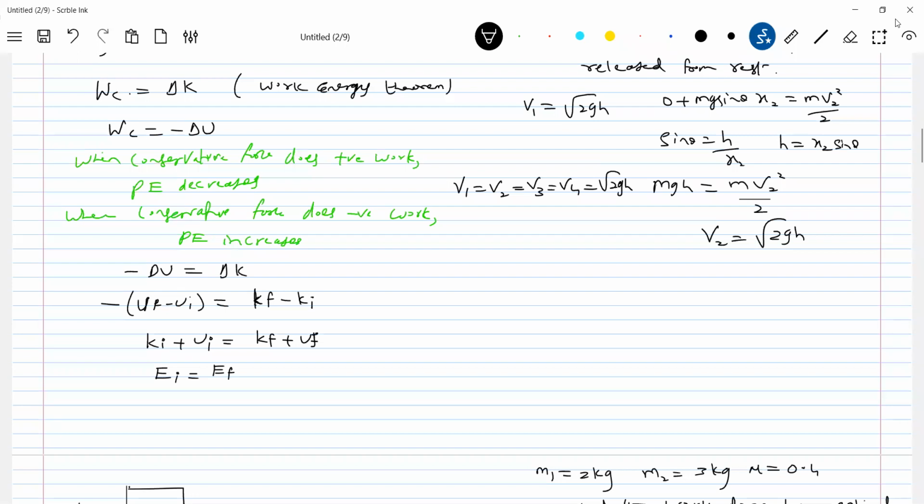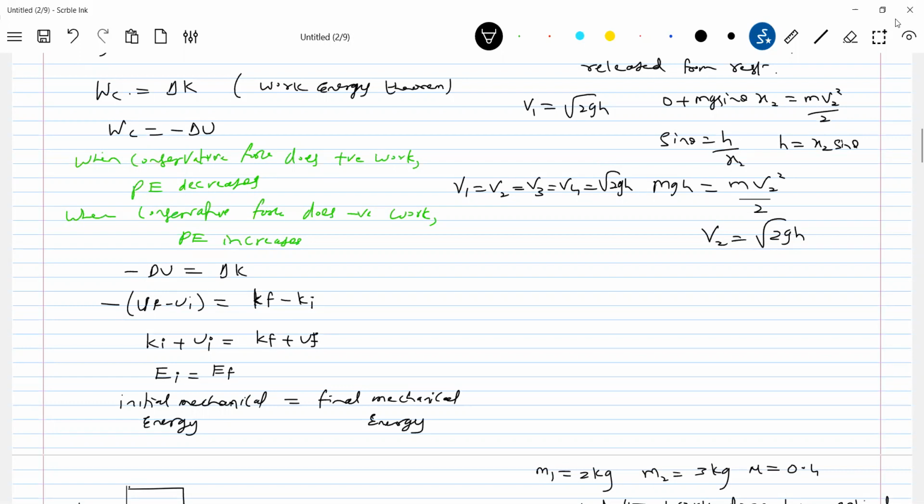So therefore, what do you mean by symbol E? I'll write it here. Conclusion: initial mechanical energy equal to final mechanical energy. So when a conservative force does work, what will happen to the mechanical energy? It remains constant, because I got initial equal to final mechanical energy.